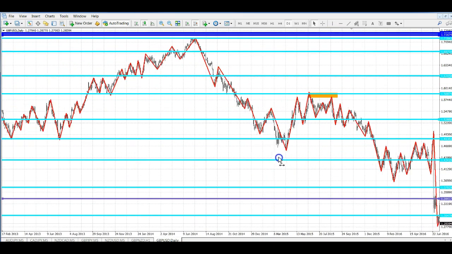The problem you have to be careful with the zigzag is the current point may redraw. But once these are drawn, they're drawn.